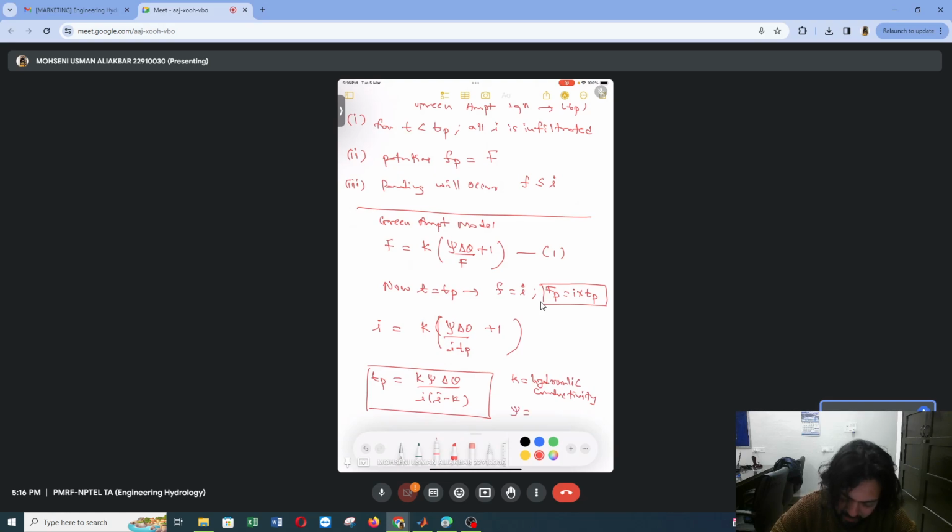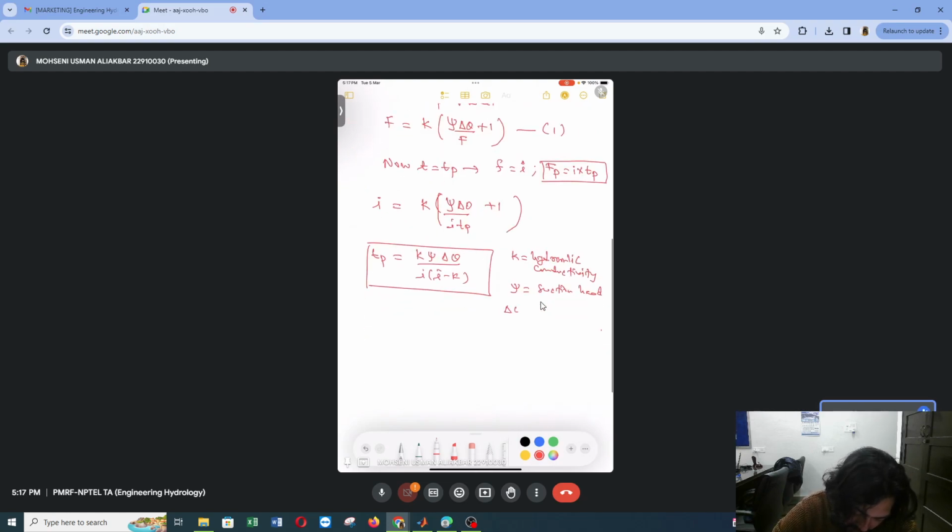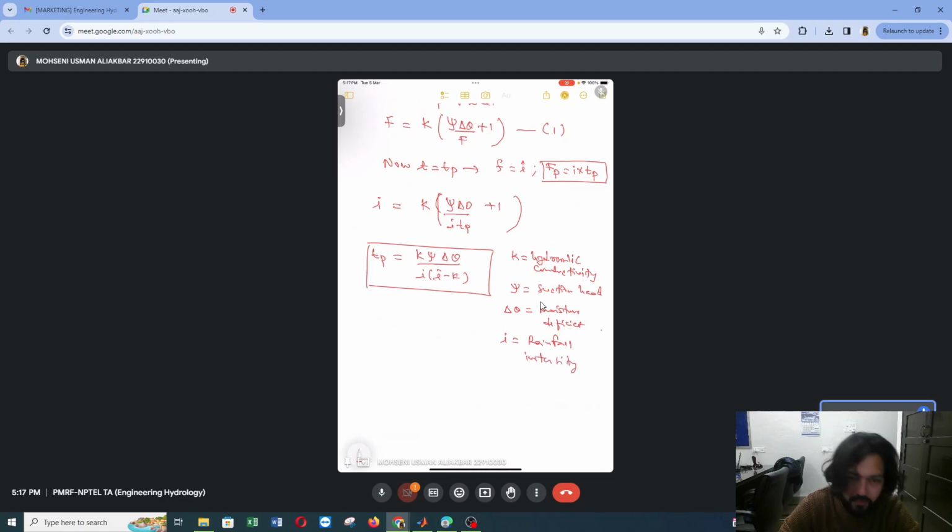Whenever there is more suction head, the ponding time will be more. The next is moisture deficit, which is delta theta. And last is i, rainfall intensity. These are the 4 things on which ponding time depends, and this is the equation to calculate ponding time.